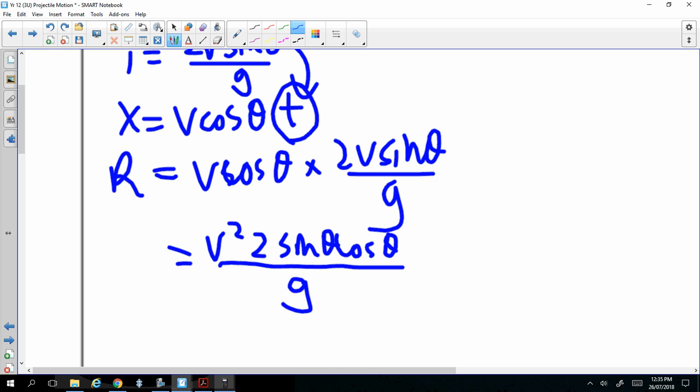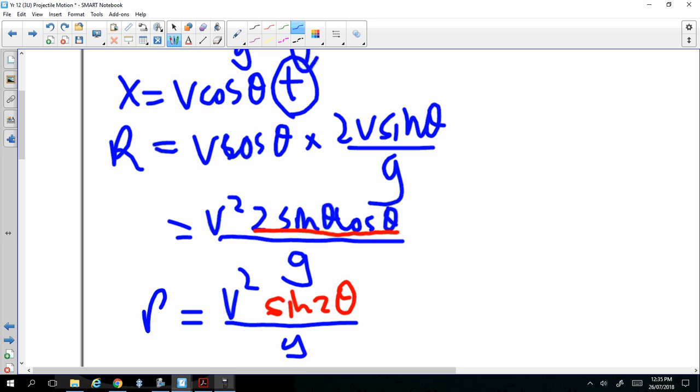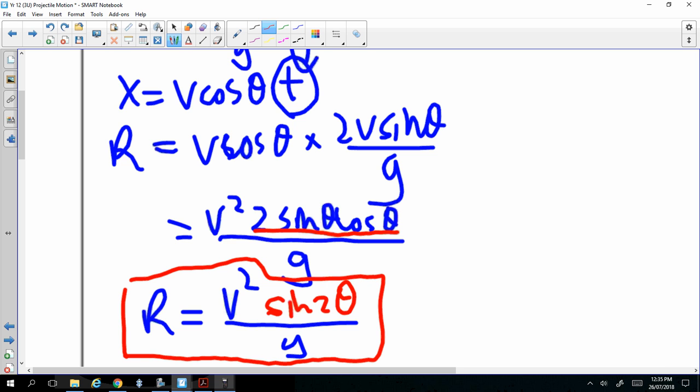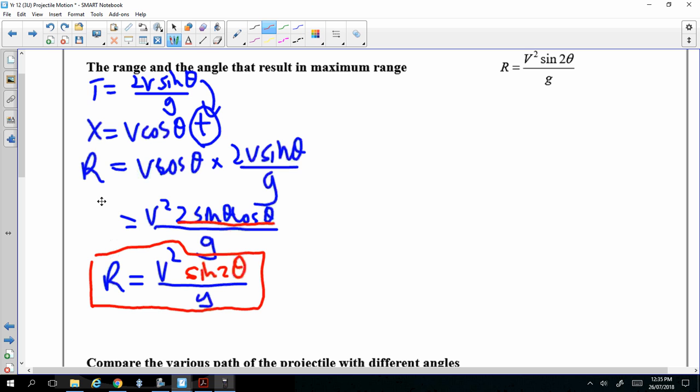The next question asks, what angle should I choose so that it can be thrown as far as possible? How do we know it's 45? If I write R max, what's the maximum value of R? That's when sine 2 theta must be 1, the maximum value of sine, and that occurs when 2 theta is 90, because sine 90 is 1.